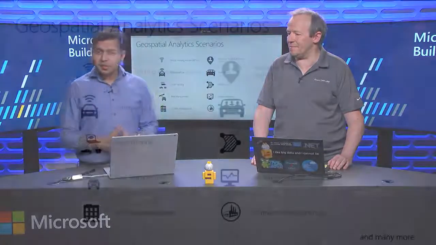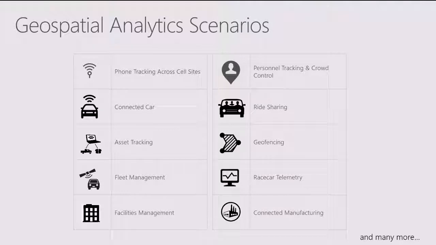Now, this specific session is about geospatial analytics and fleet monitoring. There are a large number of scenario possibilities that can be unlocked using what we'll talk to you about. Some of these include scenarios for geofencing, ride sharing, connected car, asset tracking, fleet management, connected manufacturing, race car telemetry.